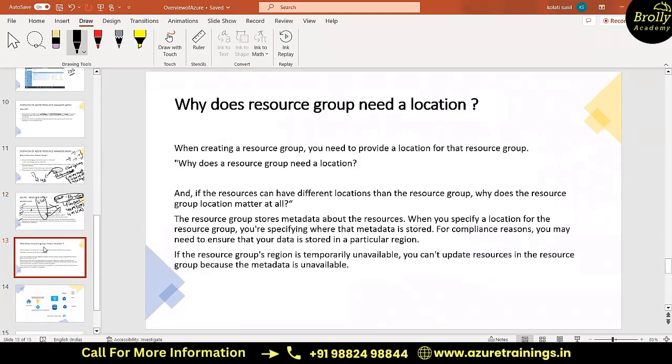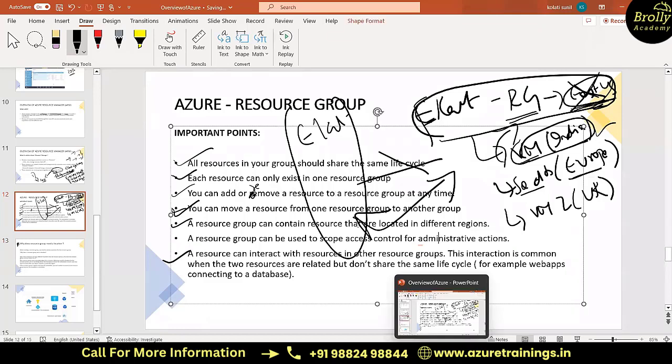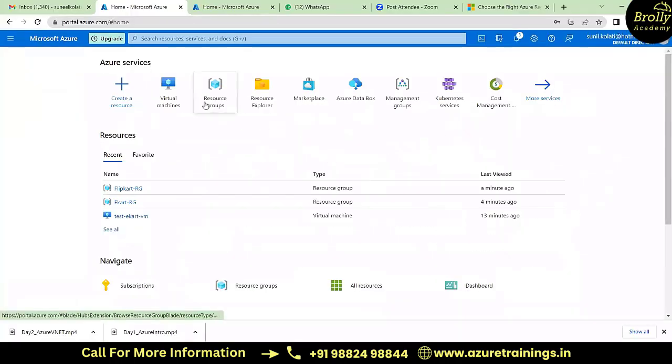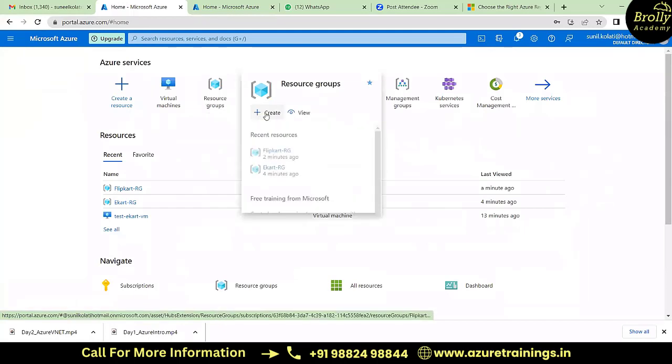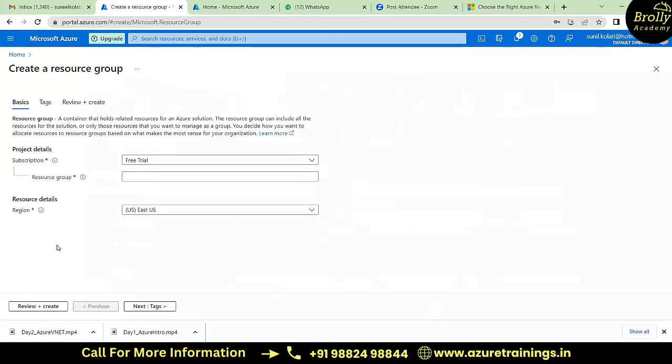And this is a very important question. In many interviews they are going to ask this. Think that we don't have a concept called location while creating the resource group. Think we don't have an option called region.